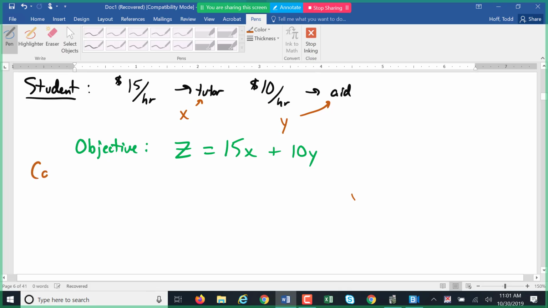Our constraints. The first one, it tells us the student is bound by the following constraints. To have enough time for studies, cannot work more than 20 hours per week. So X plus Y is less than or equal to 20.